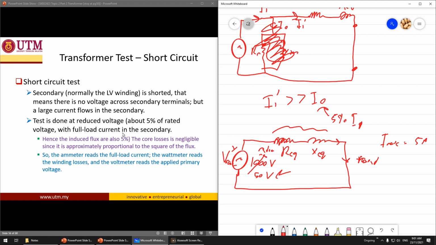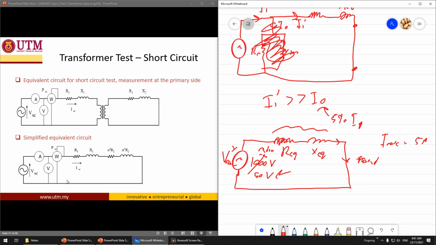Of course the same thing happens. You have to measure this. You place an ammeter, voltmeter, and wattmeter, and then you can determine the parameters. So how to do this?